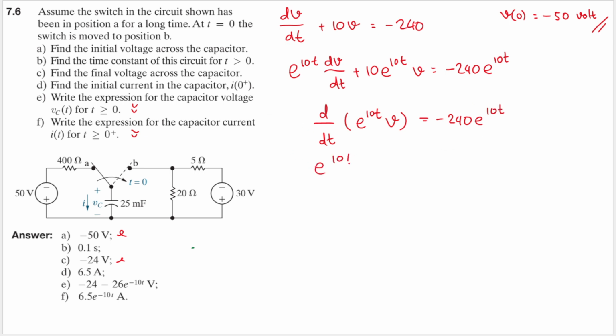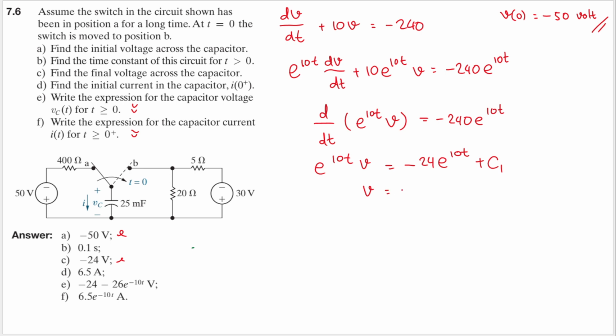So we'll have e to the 10t V is equal to, this one should be minus 24 e to the 10t plus some constant, right? But then we can divide both sides by e to the 10t.